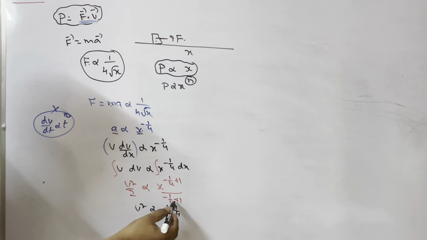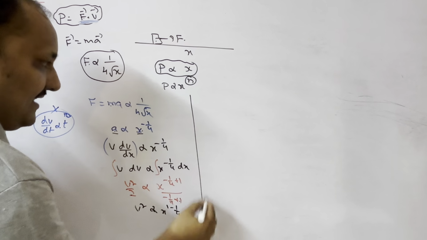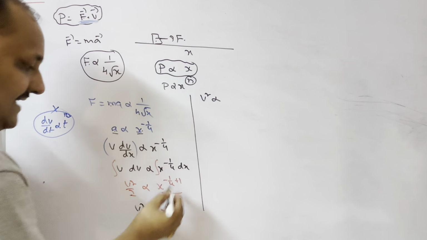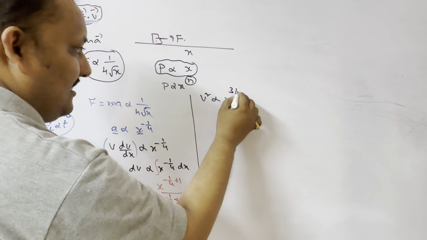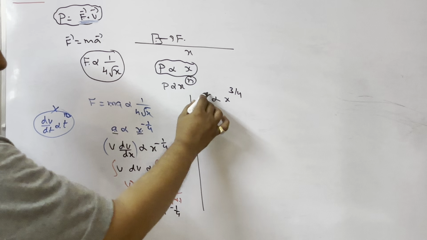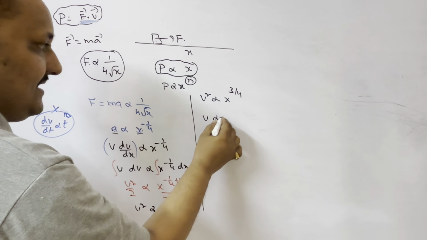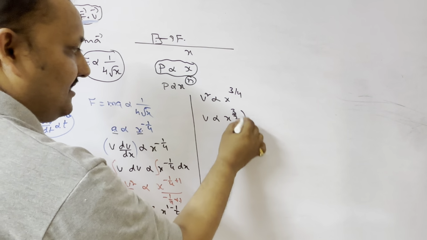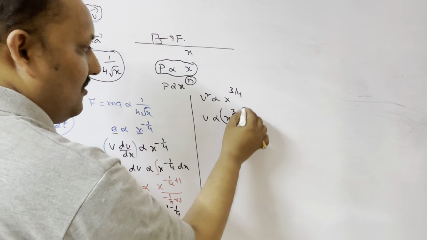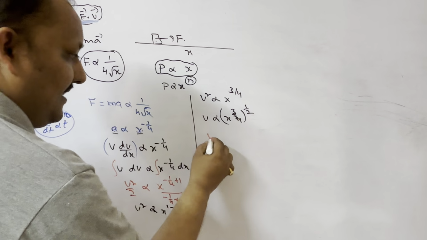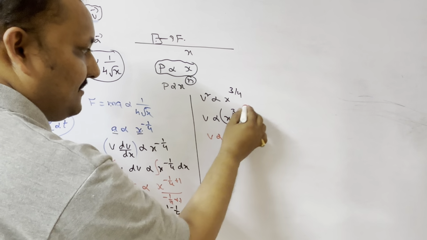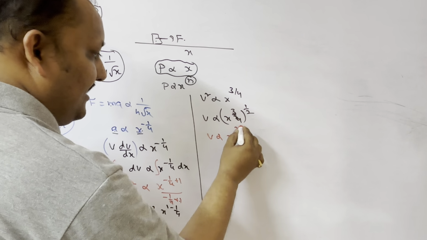I am removing the 2 and the denominator because I am writing directly proportional. So if you send this to the right side, v is directly proportional to x power 3 by 4 whole power 1 by 2. v is directly proportional to x power 3 by 8.